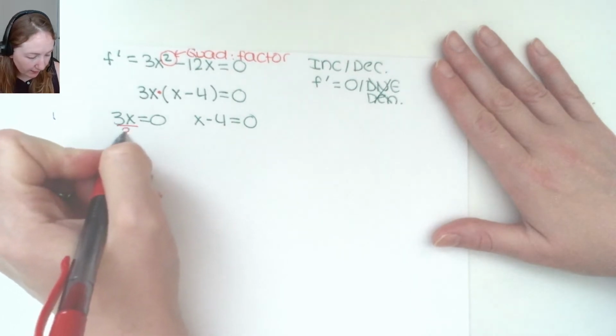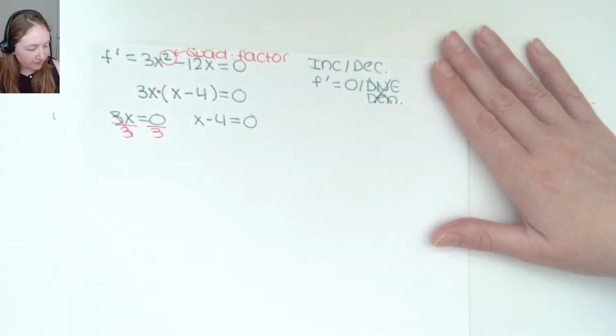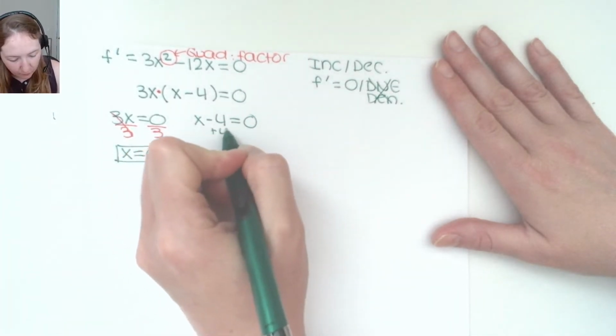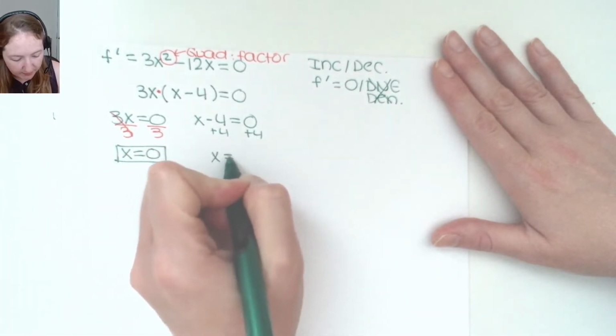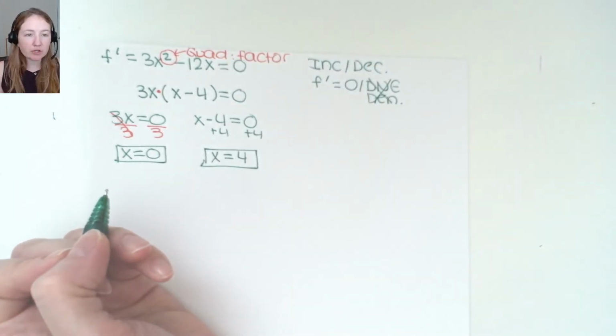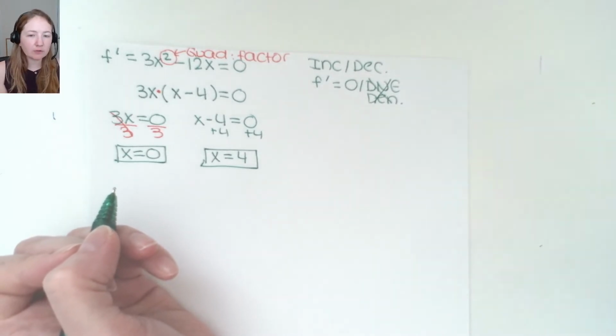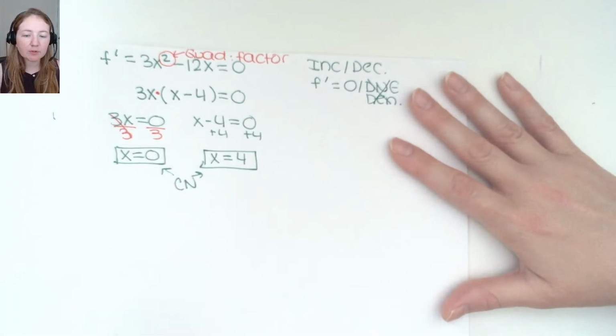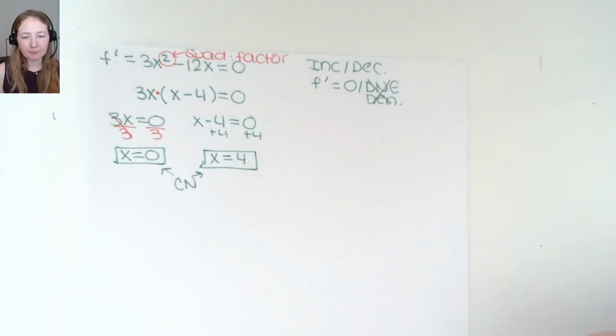Then divide by 3 here to get x equals 0, and then add 4 to both sides to get x equals 4. The domain of the original function was all real numbers, and that's again because there was no denominator, no square root, so both of these numbers will be critical numbers. They will be interior to the domain.